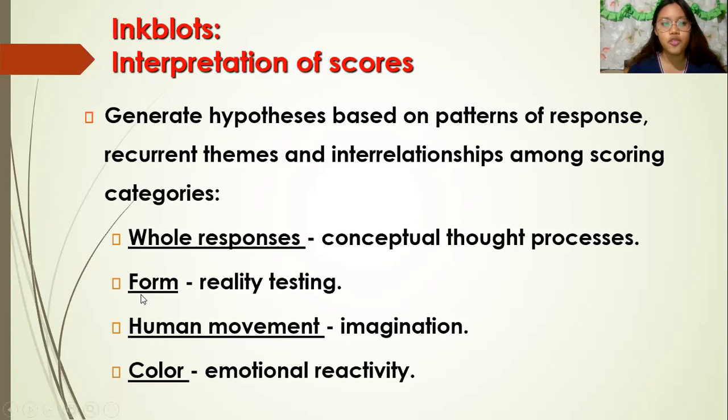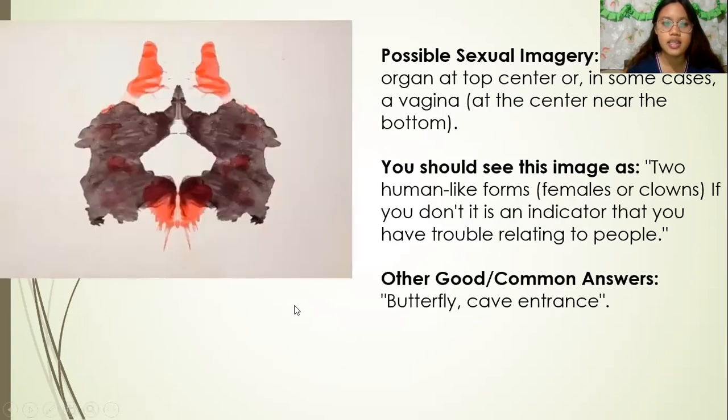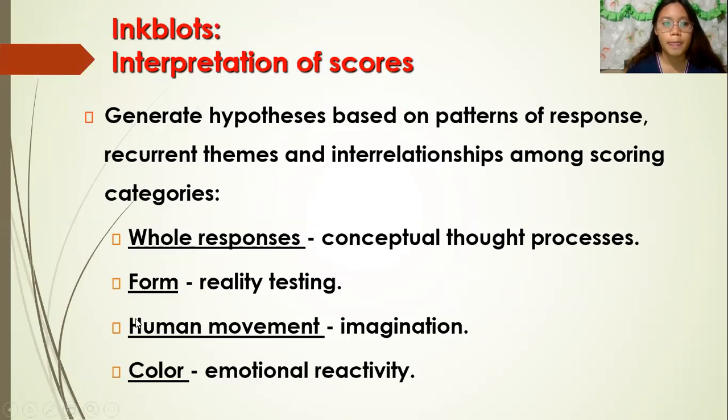Form indicates reality testing, wherein if he or she describes human movement, it indicates his or her imagination, while the colors that he gets from the cards represent his emotional reactivity.